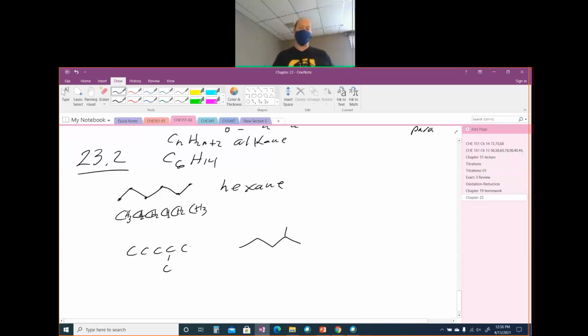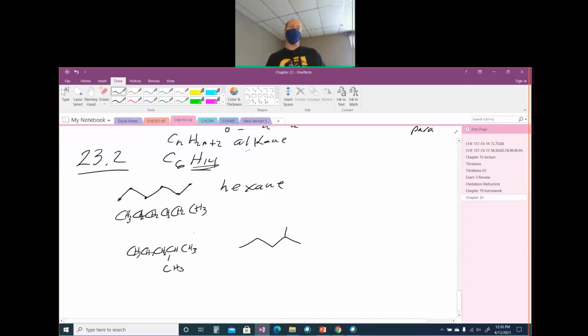And so again, you give everything the 4 bonds. You've got your CH3s. This only has 3 bonds. It only needs 1 H. This one needs 2. This one needs 2. This one needs 3. It's going to add up to 14. If you have an alkane and 6 carbons, you have to have 14 hydrogens. So they will all add up to 14 hydrogens.